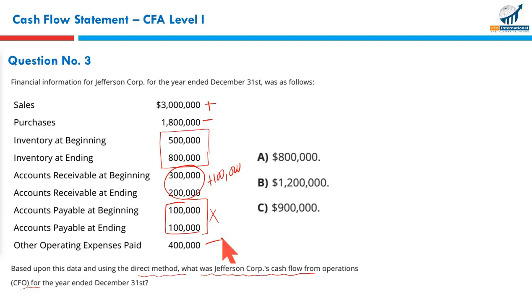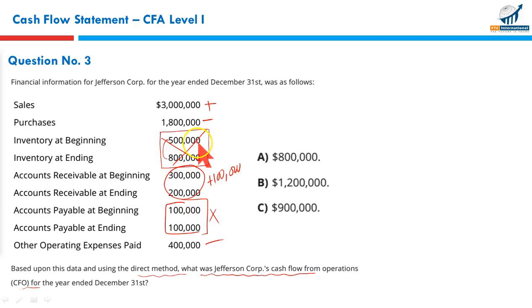Now we have to be very careful about inventory figures. The point to be noted in this question is that when you have been given the purchases, adjustment for opening and closing inventory is not considered. When you have been given the purchases, you do not need to make any adjustment for inventory figures. Why? Because purchases incorporate the effect of inventory.